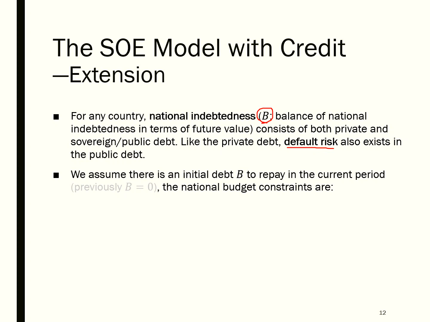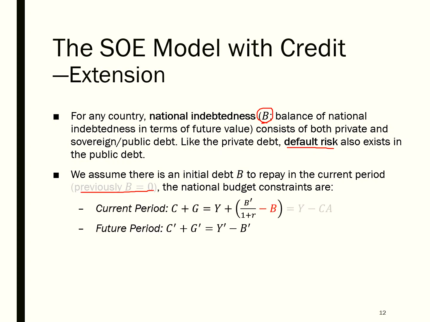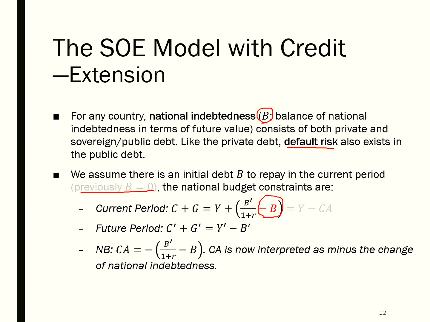In the case where B is positive, the national budget constraints are rewritten in the following way. The current period budget constraint has an extra minus B term on the right-hand side. The future period budget constraint doesn't change, but the current account definition also has to take into account this extra minus B in the current period.